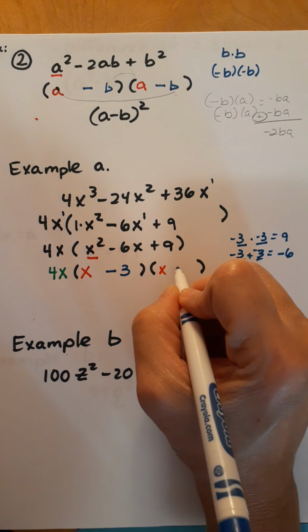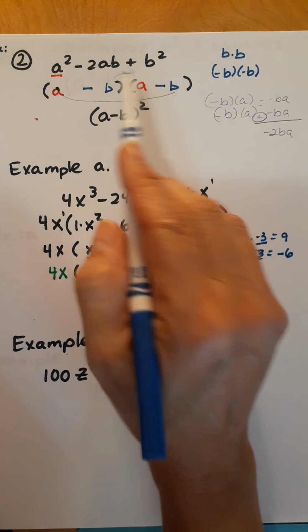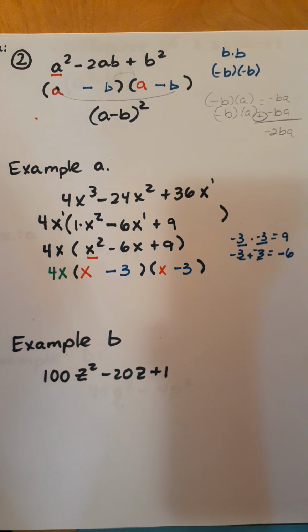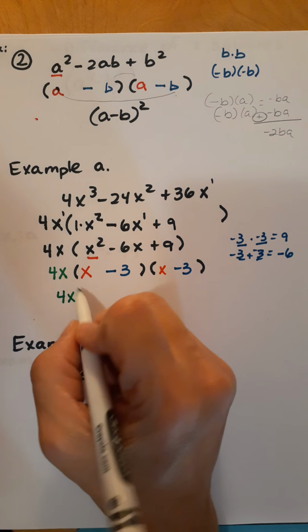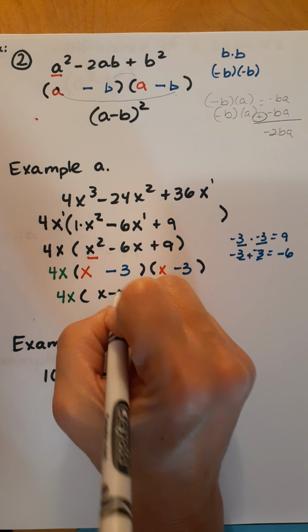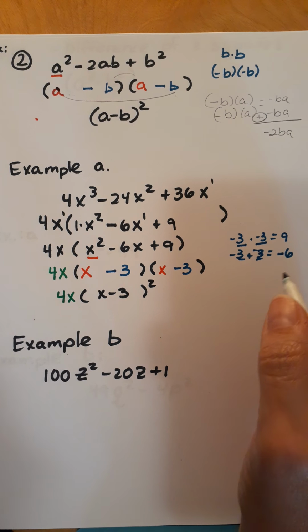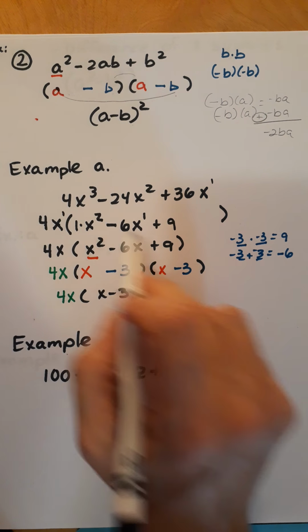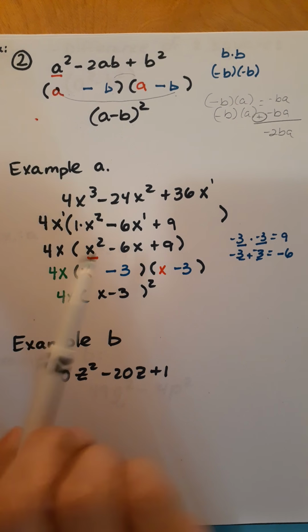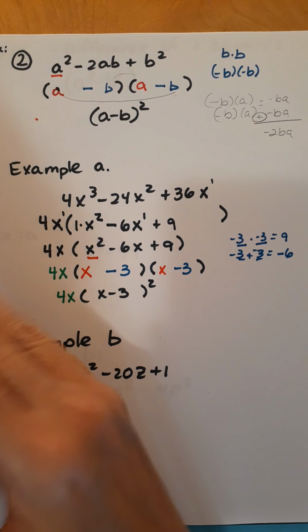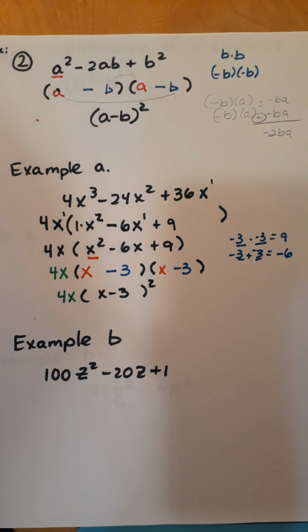So my answer is -3, -3. And just like our original example, we have a repeater. So we're going to write 4x times x minus 3, squared. What was different from the original in this? Just that we had a common factor of 4x, but we should always look for that because once we pull it out, it makes it much easier to factor.